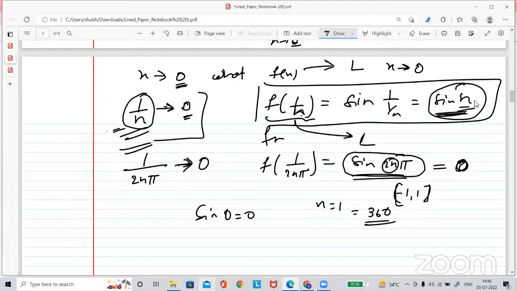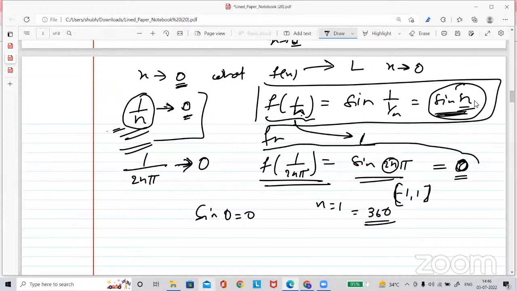This sequence has limit 0, because if you substitute any n, it always gives you 0. This sequence actually has a limit because pi is multiplied here, but the other sequence doesn't have a limit. As n gets larger and larger, sine varies, sometimes -1 or +1. But here, as we have multiplied by pi, it always gives a value.